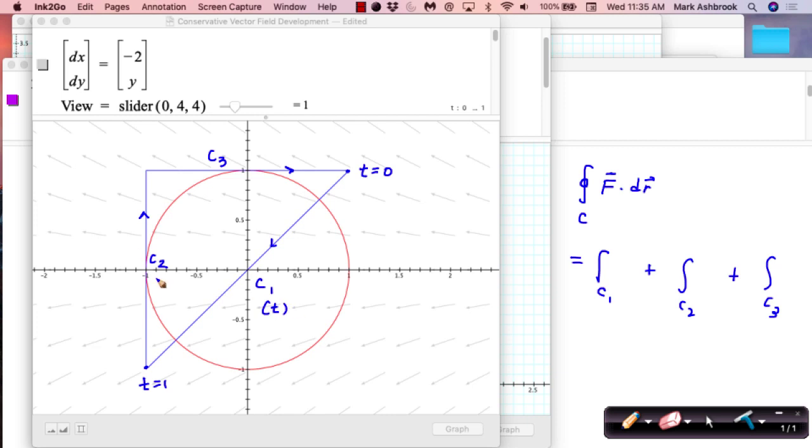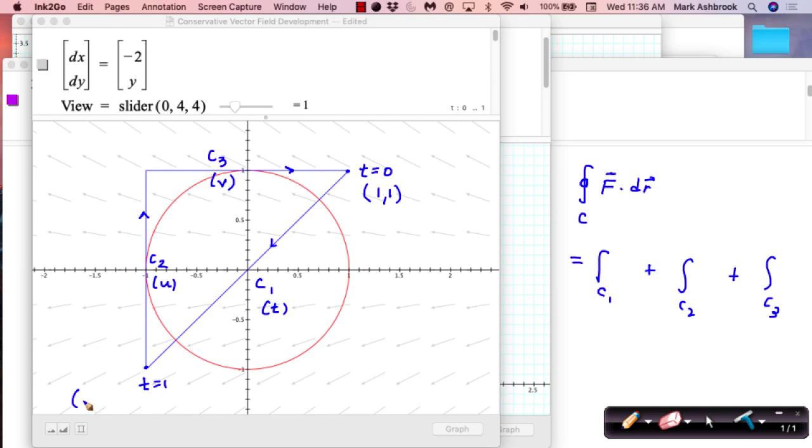For C2, you could use parameter u, and for C3, parameter v. You can use t for all of them, but using a different variable can help you know what you're working on at the given moment. But how do we parameterize this? So this is the point 1, 1.